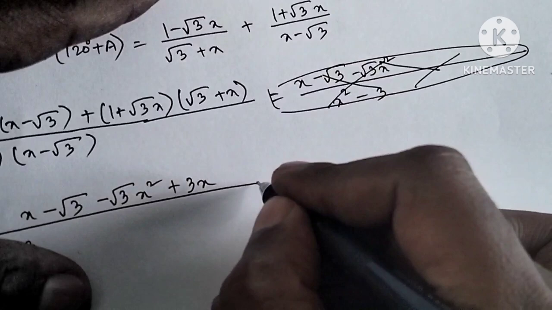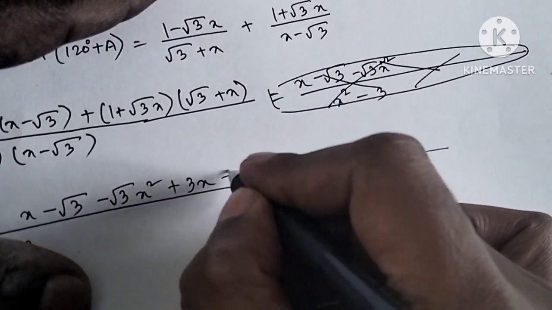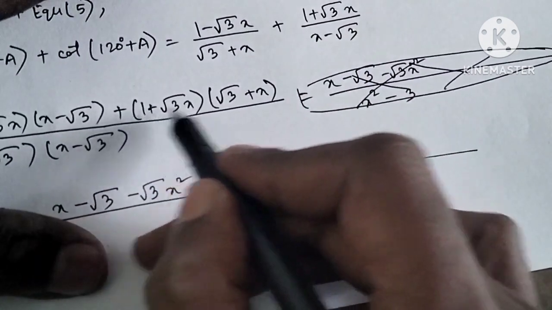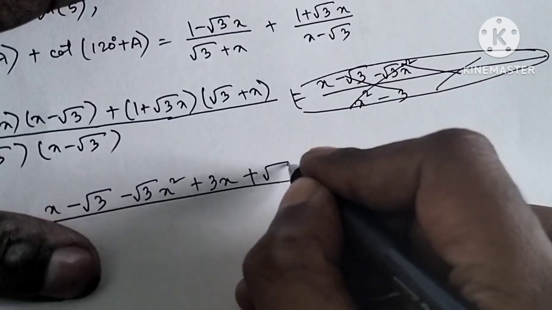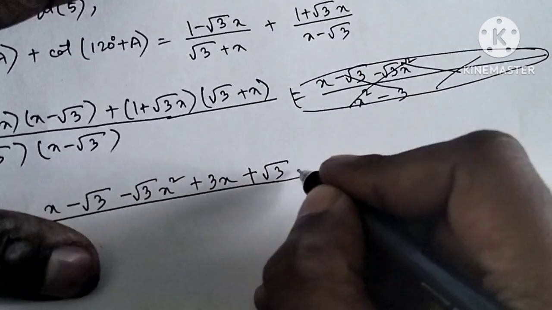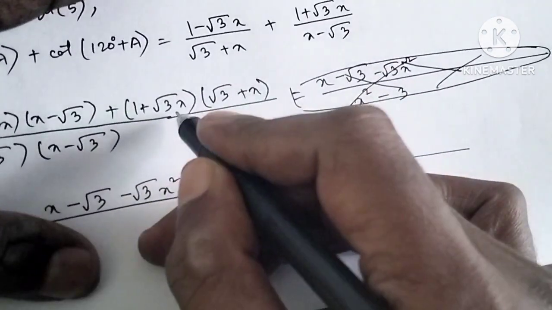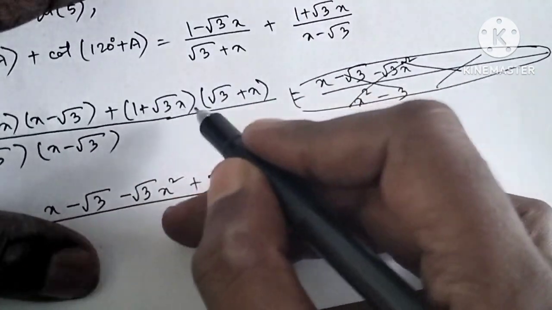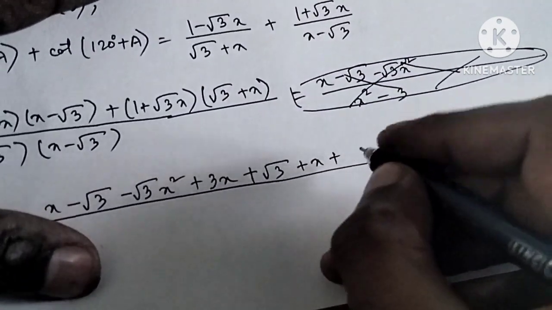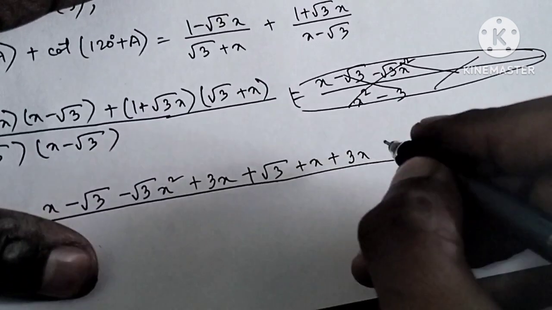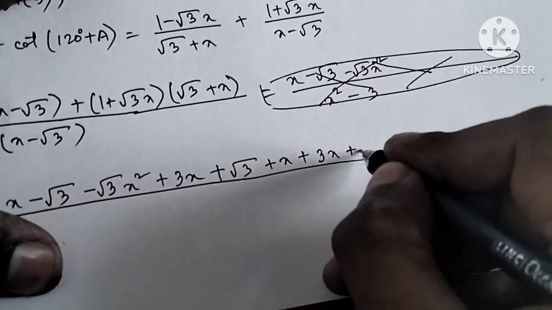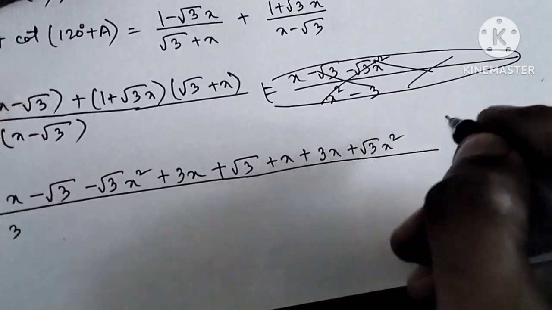Okay, plus 1 into root 3 is plus root 3, 1 into x is x, plus root 3x into root 3, that is 3x, plus root 3 x square.